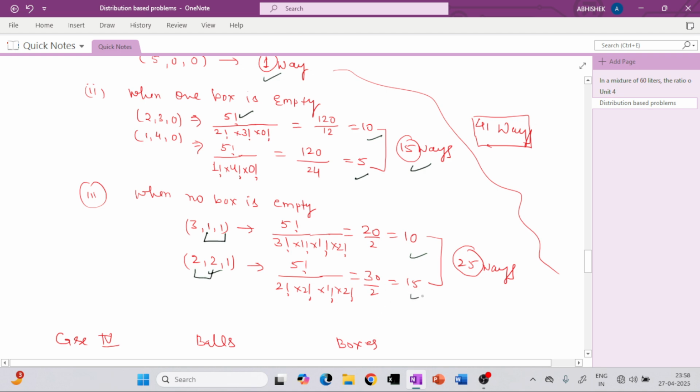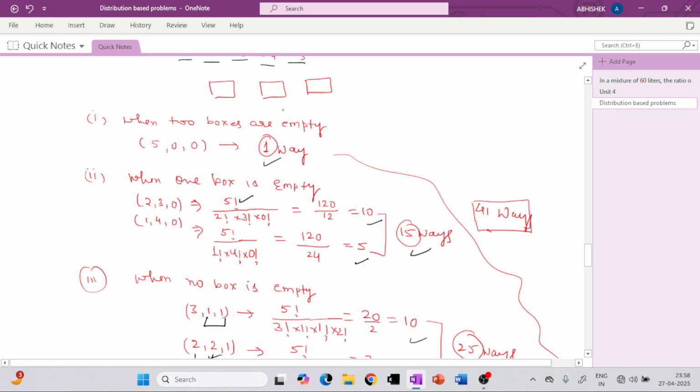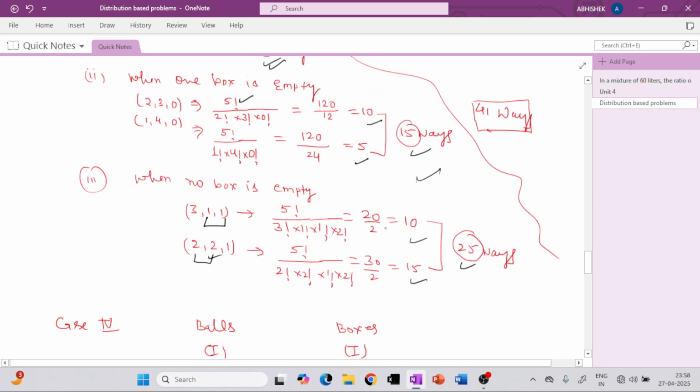So 30 divided by 2 is 15. So the total number of ways is 25. Now we have to find the total number of arrangements. This is 1 way, this is 15 ways, and this is 25 ways. So the total addition, 1 plus 15 plus 25, is 41.